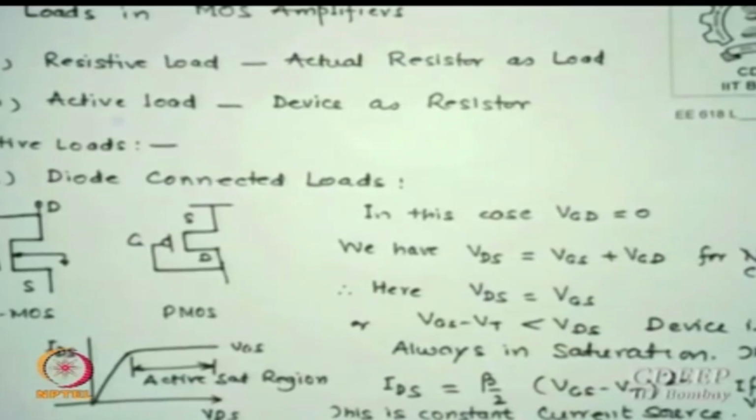One of the most commonly used loads in almost all analog and also in digital is called the diode connected load. I think we have done this many times earlier, so I will not explain why the name diode, but think of it, there must be something in it to call it diode. In this case, for N channel or for P channel, the gate is connected to the drain, permanently.